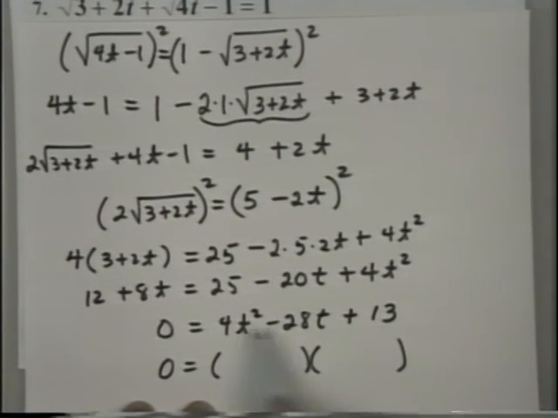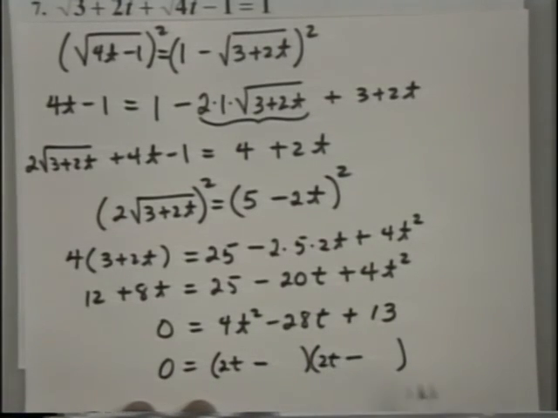Now I know the signs have both got to be minus, and I'm looking for, the way I like to say it, a sum of 28. Well, play around with this. I think it's 2t and 2t, 13 and 1. Here is a negative 26, and a negative 2 is a negative 28.